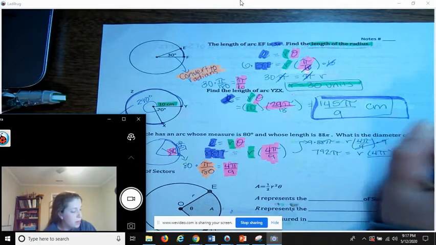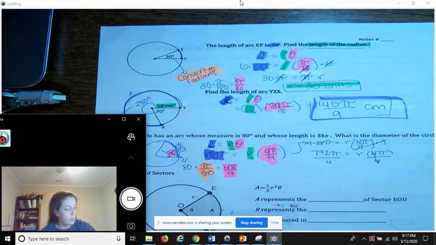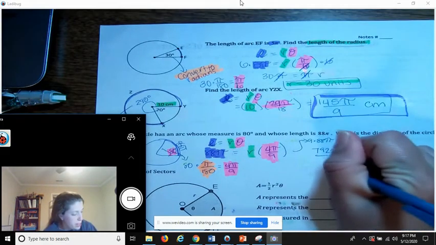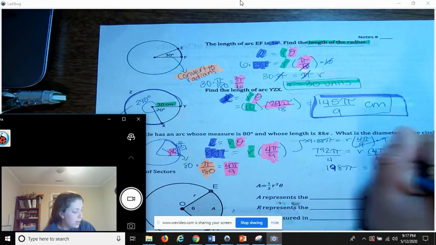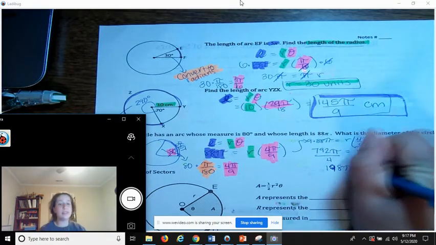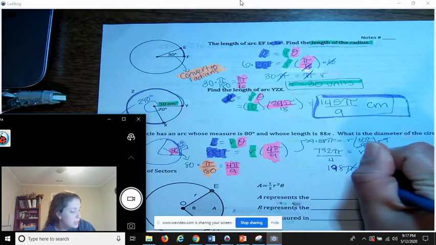Then we need to divide by 4. We should get 198 pi equals r pi. Now I have a pi on both sides that I can just cancel out. So my radius is 198.